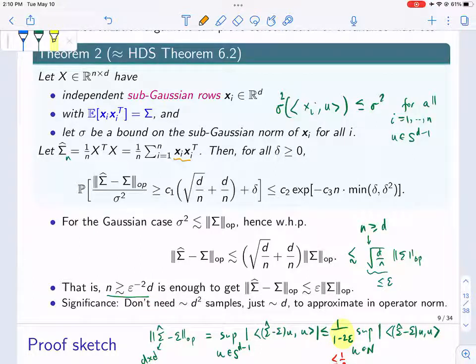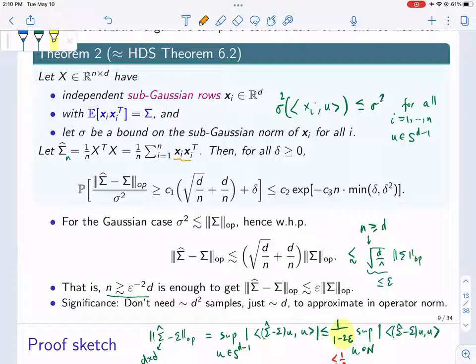So it's a relative error type bound. The case where this bound is useful is where d is less than n, and so this term is going to be dominant. And so you can further bound things by root d over n times the operator norm of sigma.